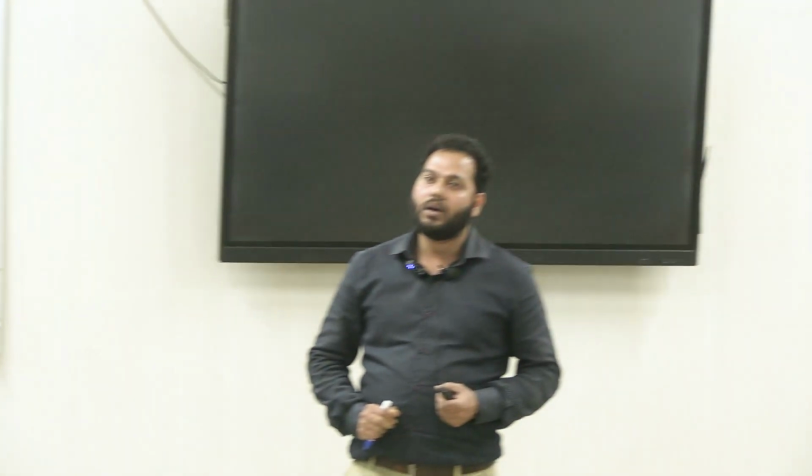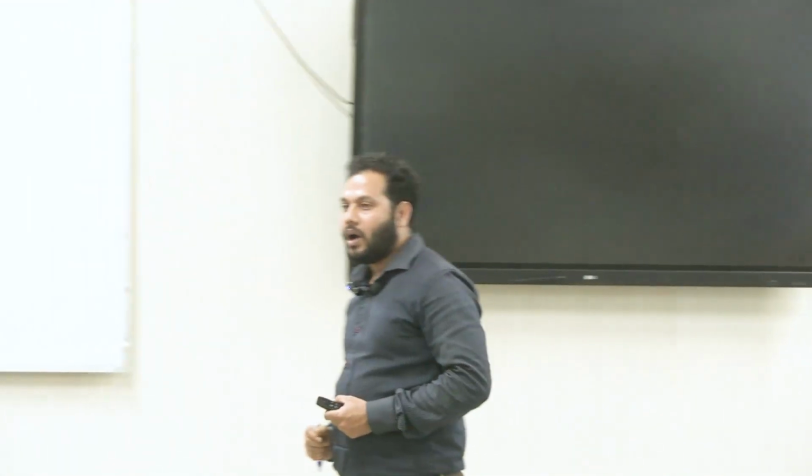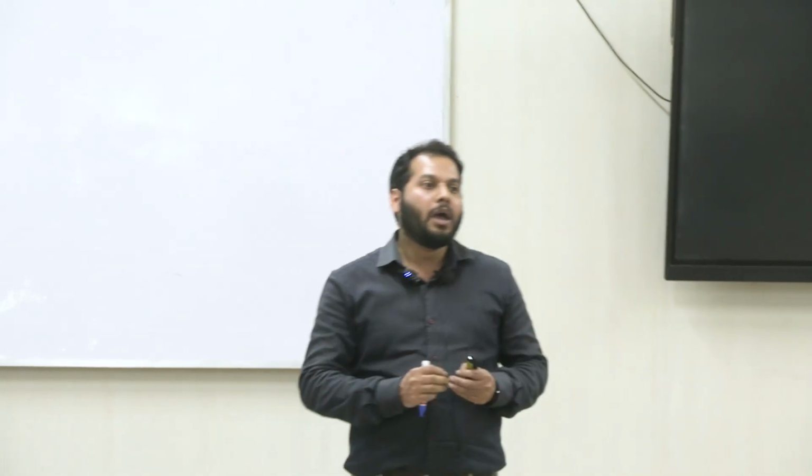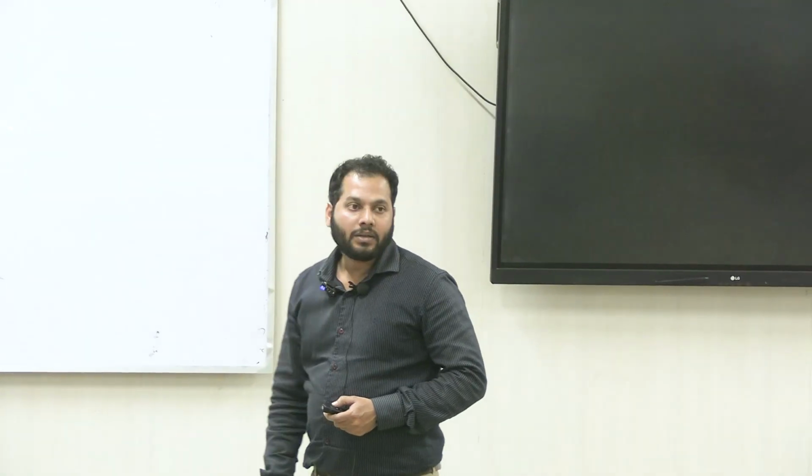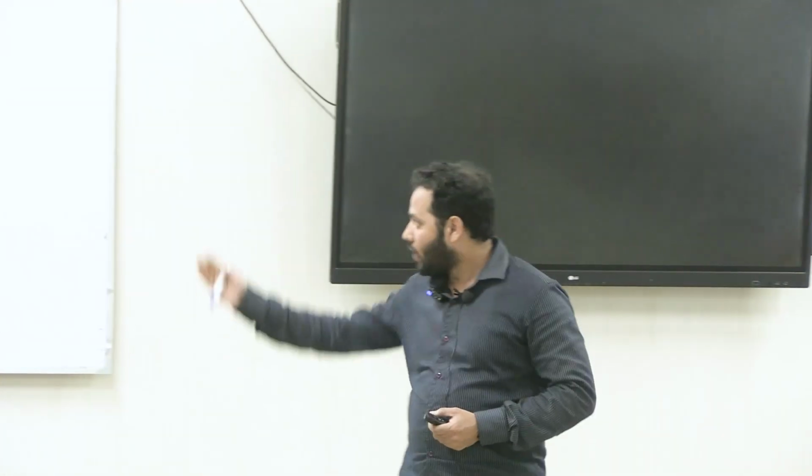So here, as I mentioned, peripheral chemoreceptors are basically present outside the central nervous system, right? The two most important types of peripheral chemoreceptors are aortic bodies and carotid bodies.